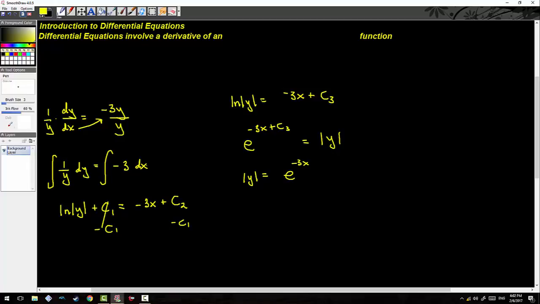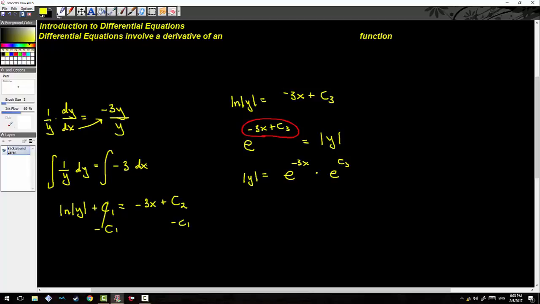So the absolute value of y is equal to e to the negative 3x plus c3. Now check this out. What I have going on right here is two terms that are being added together in the same exponent. Now I'm going to use a little bit of reverse exponential rules here and say that if I have two terms in the exponent being added, that means the bases are actually being multiplied. So hopefully you guys are able to figure that out.